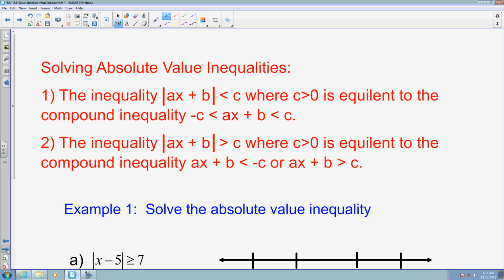And what is written here in red will give you a better idea of what you have to do in order to solve for absolute value inequalities.